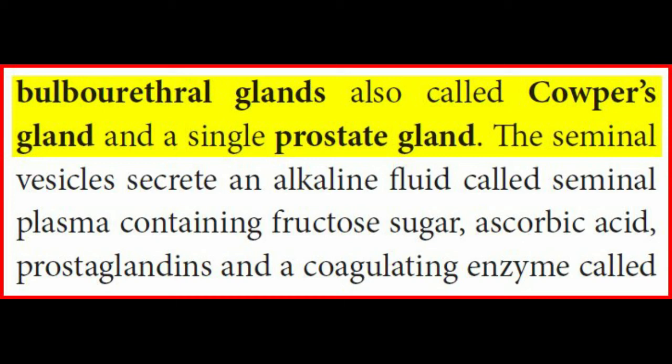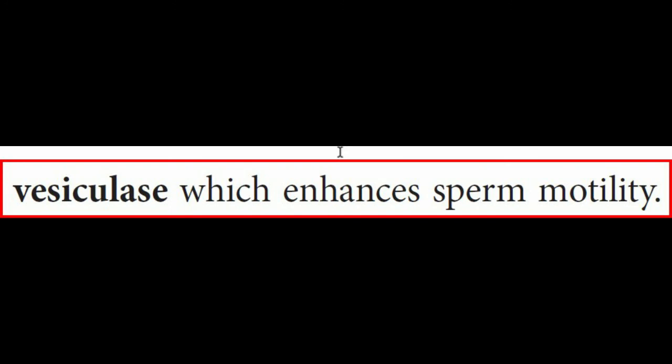Now I am going to say about the seminal vesicle. The seminal vesicle secretes an alkaline fluid called seminal plasma. It contains fructose sugar, ascorbic acid, prostaglandins, and a coagulating enzyme called vesiculase.